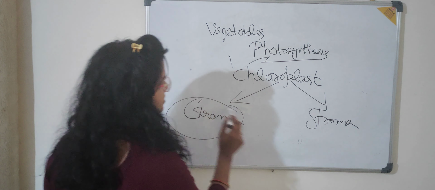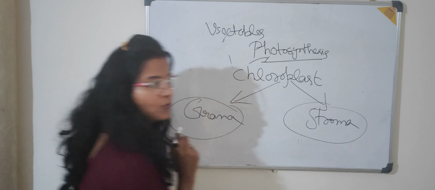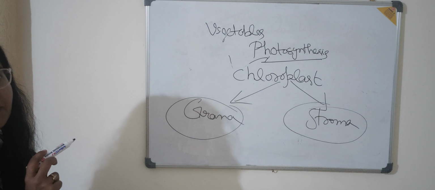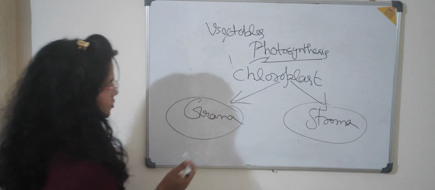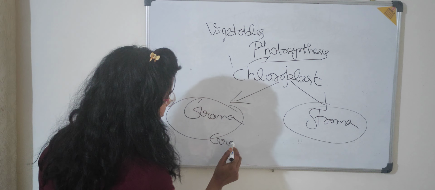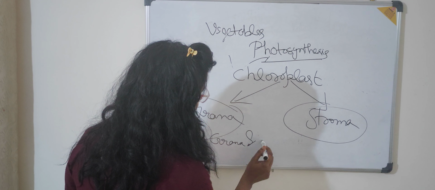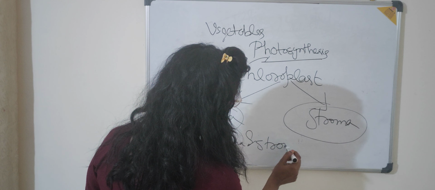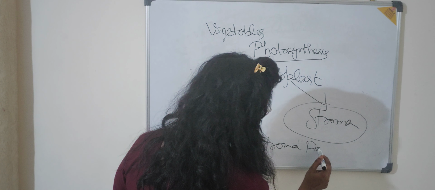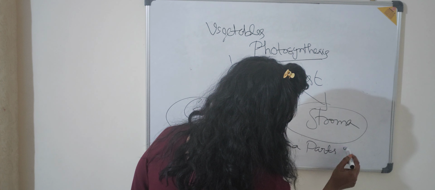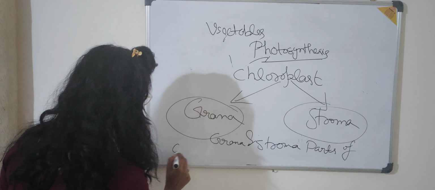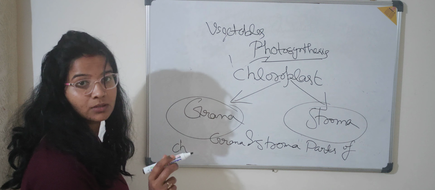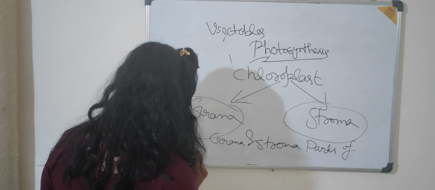These two structures take part in the photosynthesis reaction, in the photosynthesis process. So grana and stroma, both parts of chloroplast, take part in the process of photosynthesis. Okay?